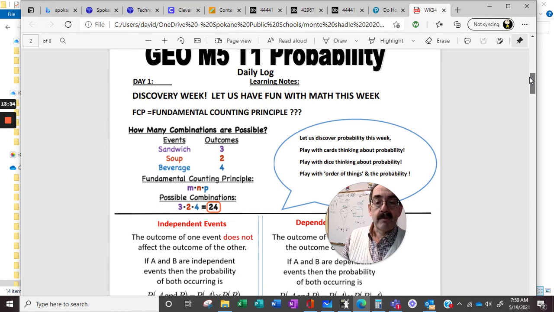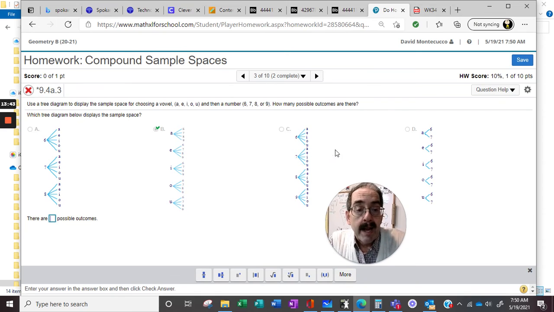In the fundamental counting principle, you take the total number of items in each group and you multiply them. That's all you do, right? I have this 4 times, this 4 times, this 4 times, this 4 times, this 4 times. So 5 times 4 is 20. Otherwise, just count all these. 1, 2, 3, 4, 5, 6, 7, 8, 9, 10, 11, 12, 13, 14, 15, 16, 17, 18, 19, 20.